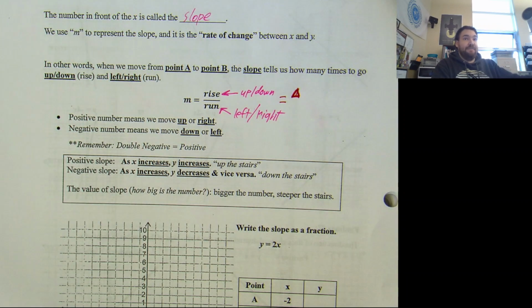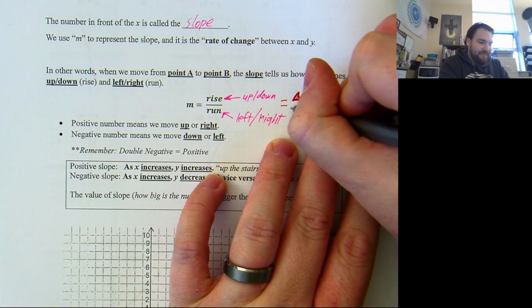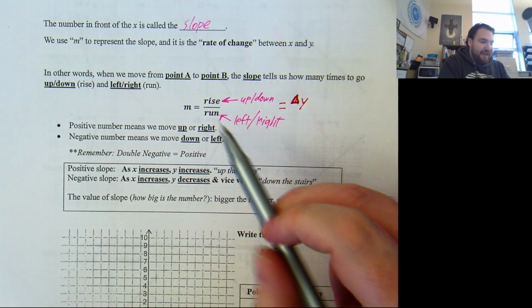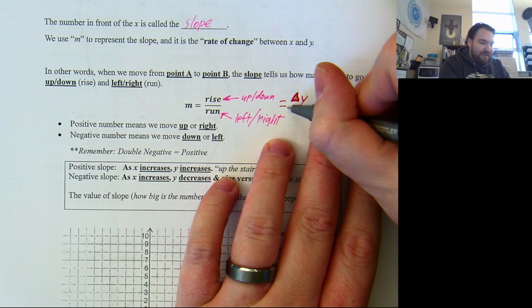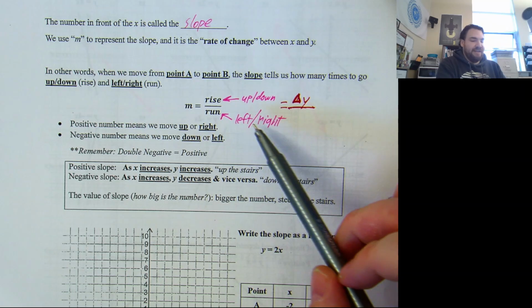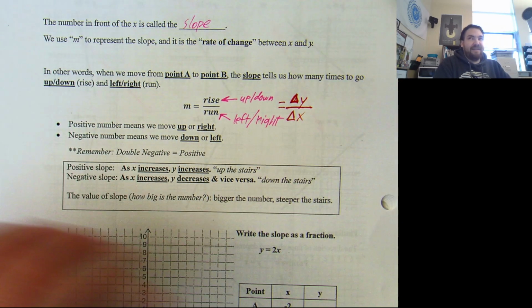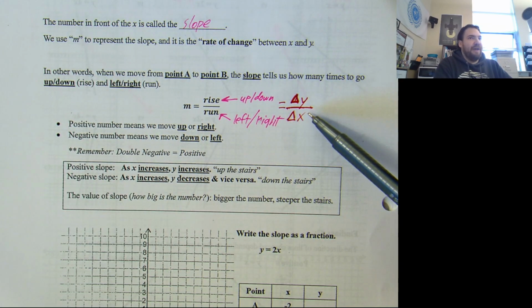Up and down is a change in Y, you betcha. And if m is equal to a rise over a run, a change in y over the run, or the change in the left and rightness, is equal to a change in x. We've looked at this already.